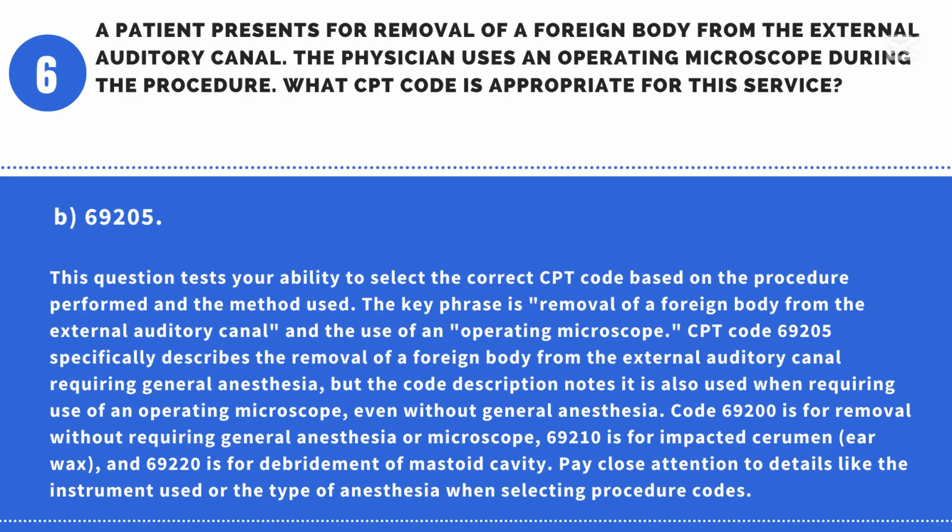Code 69200 is for removal without requiring general anesthesia or microscope, 69210 is for impacted cerumen, ear wax, and 69220 is for debridement of mastoid cavity. Pay close attention to details like the instrument used or the type of anesthesia when selecting procedure codes.